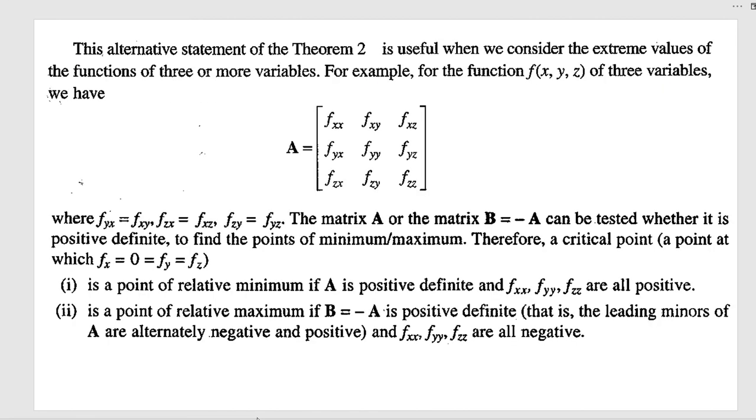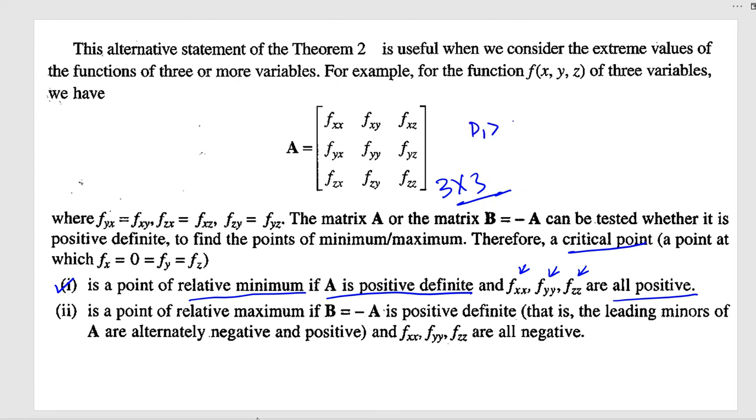Obtain these conditions in this way. Now it can be generalized to the 3 by 3 case. So this particular point, the critical point or the stationary point, is a relative minimum if A is positive definite. That means all the fxx, fyy and fzz are positive. You remember the positive definite matrix?